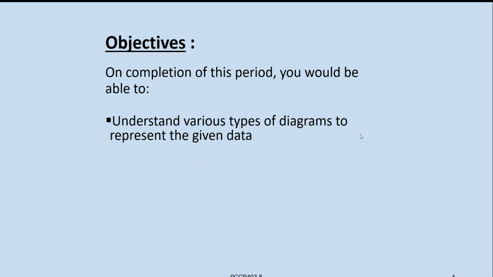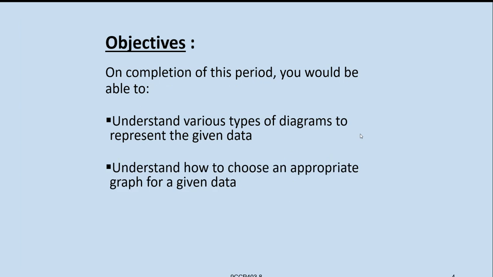And in the objectives, after completion of this lesson and the next lesson, we will understand the different types of diagrams to represent the given data, and we will also understand how to choose an appropriate graph for a given data.